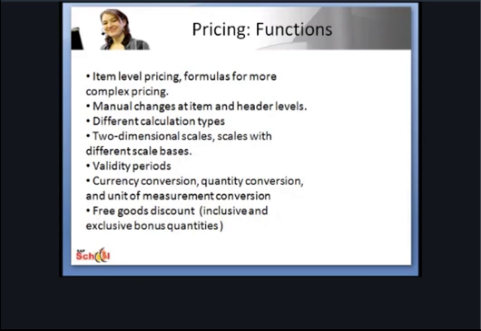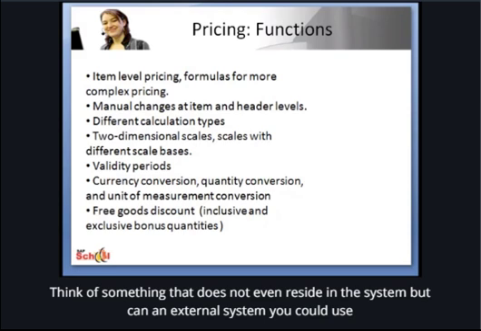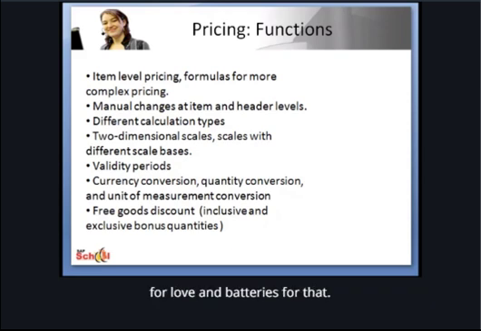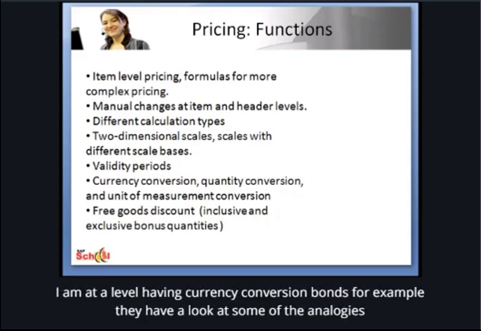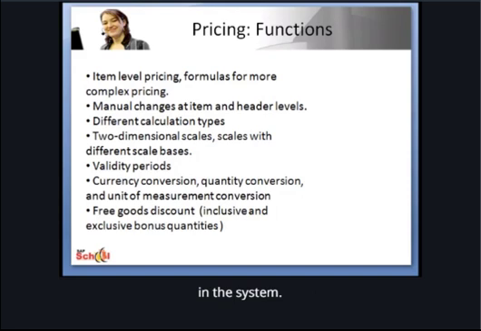For example, if you want to pick up some data that does not even reside in the CRM system but in an external system, you could use formulas and BAdIs for that. You can do manual changes of the system determined price both at the item as well as the header level. You can have currency conversion and free goods discounts, for example. We'll have a look at some of these functionalities in the system and see how they actually work.